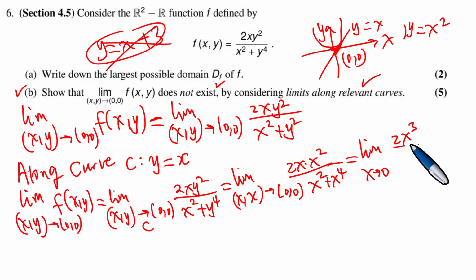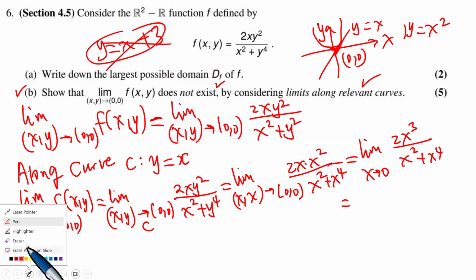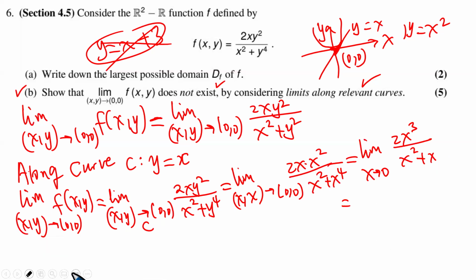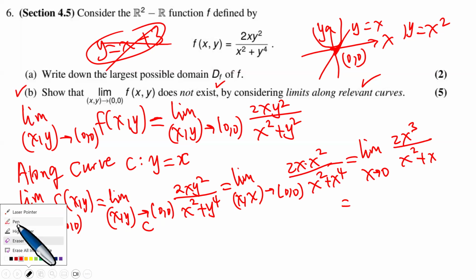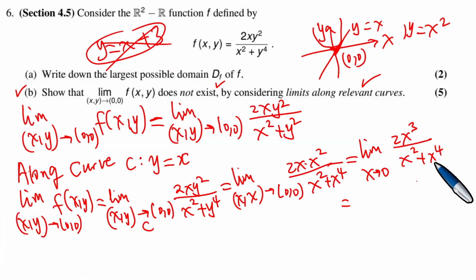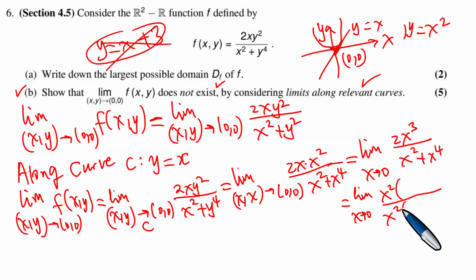Which means that you have x squared plus x to the 4th power in the denominator. We have this limit now, and we just need to simplify it. With the limit as x approaches 0, we can get x squared out of the bottom: x squared times (1 plus x squared).